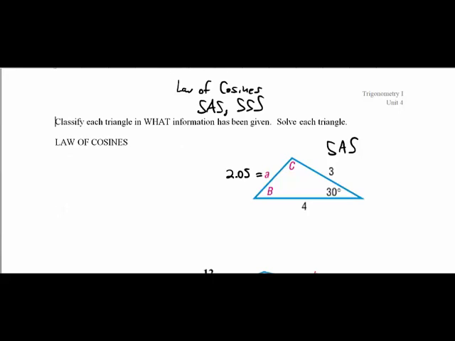Now for finding the next one, we have to be very careful not to fall into the law of sines. Here's where something can happen. You get to this stage and you go, okay, great, now I've got 30 degrees and a, so maybe I'll use the law of sines because it was so much faster to find the missing angle.